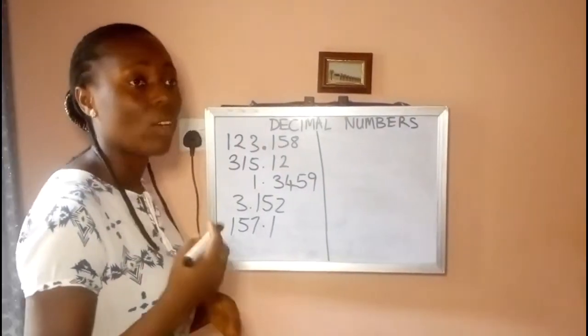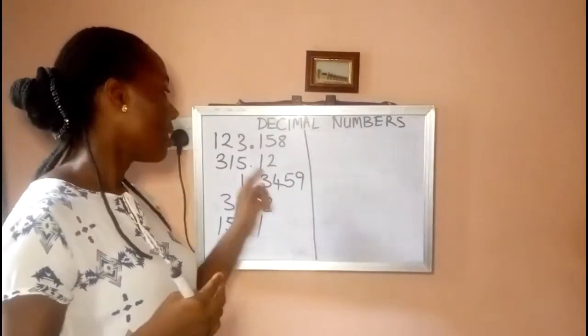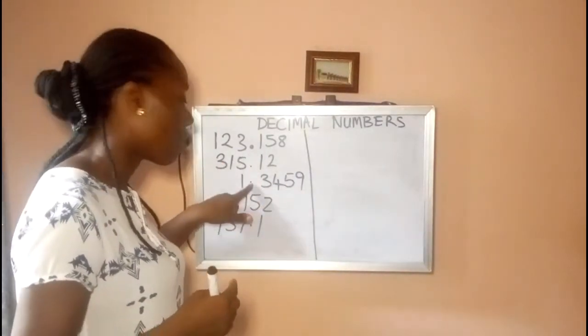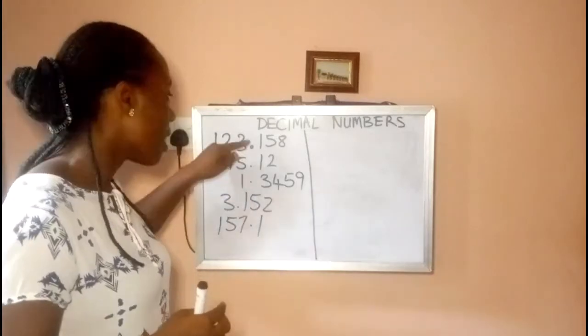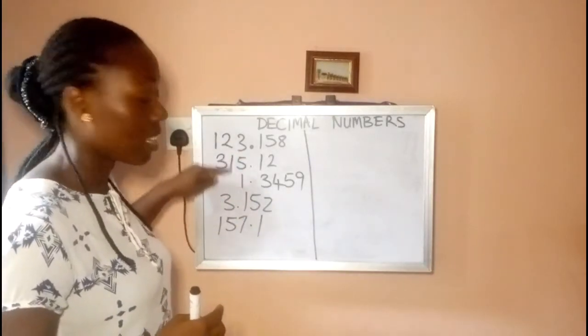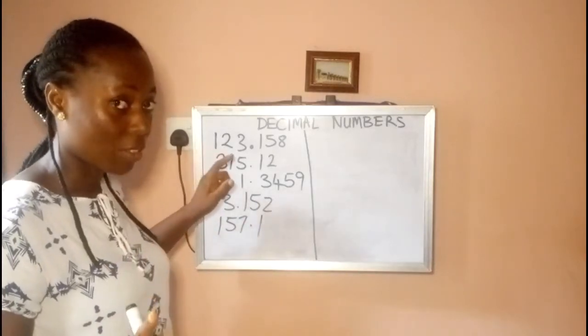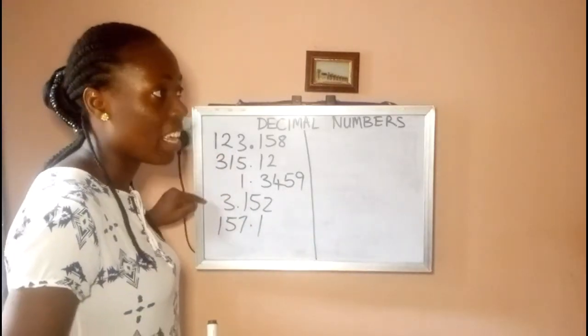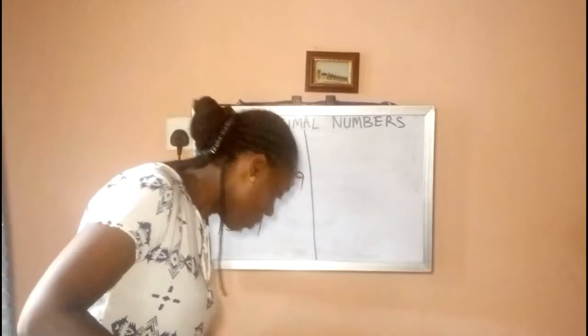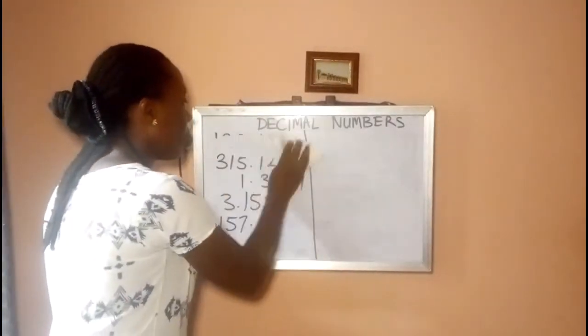Okay, now earlier on I mentioned that the decimal point gives each digit its place value. We're still on place values, remember? Now I can rub this off.